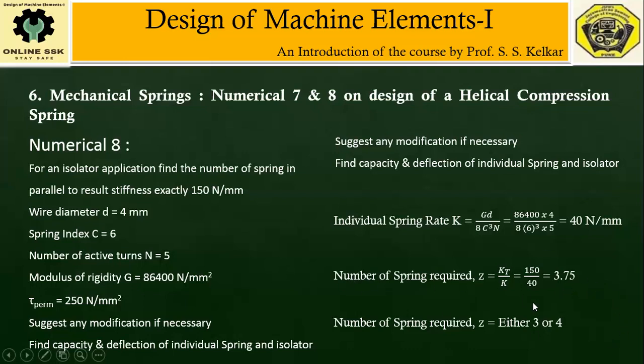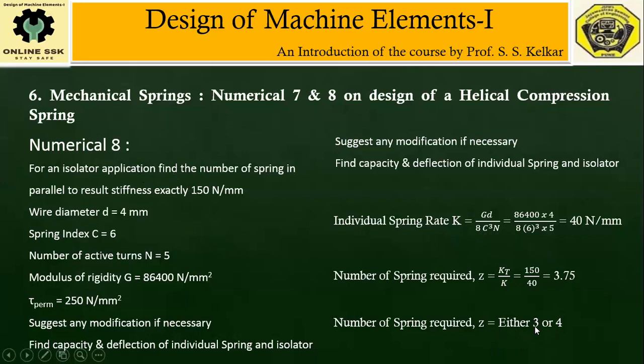Number of springs cannot be a fractional value. Therefore, number of springs can either be equal to 3 or equal to 4. But the condition is that the isolator should have effective stiffness exactly equal to 150. That means Zk should always be equal to 150. Z cannot be a fractional value. It should always be an integer value. Therefore, we need to adjust the value of k so that the Zk product will be equal to 150.